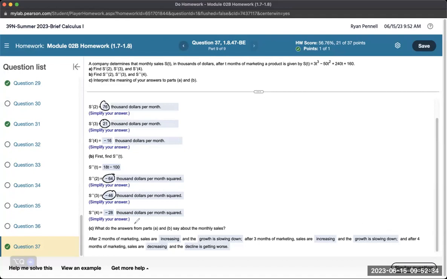After 4 months, now it's decreasing. This is negative. So if you have a negative slope, you're definitely decreasing. And we see the decline is getting worse. Okay. So it's decreasing, decreasing. All right. So that's a little bit confusing, and we didn't go over that in class.